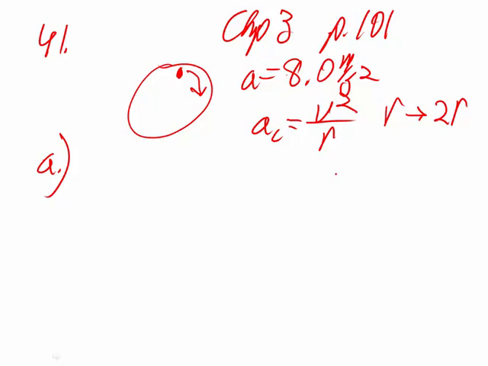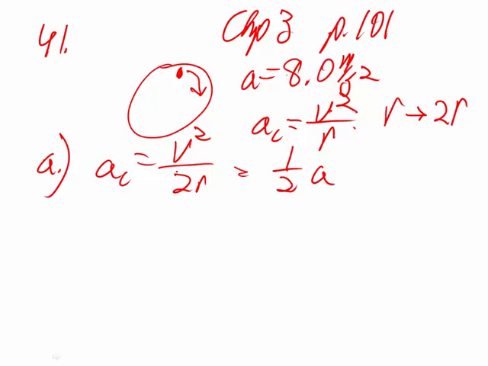Well, look at your equation. If you're at 1 here, and this is constant, and then you go to 2, it becomes 2r. Then what happens to the acceleration? The centripetal acceleration is 1/2 of a. It goes to 1/2. It's cut in half.